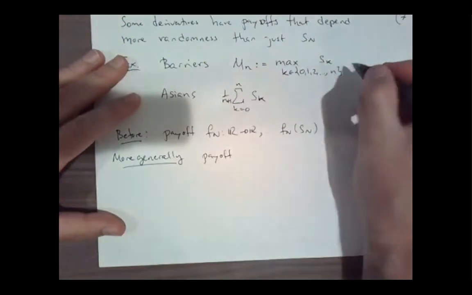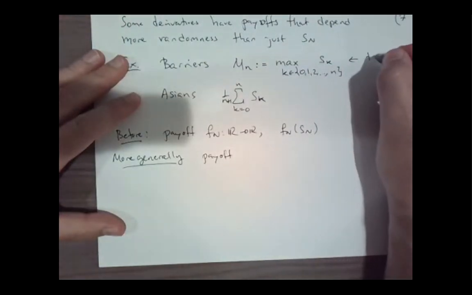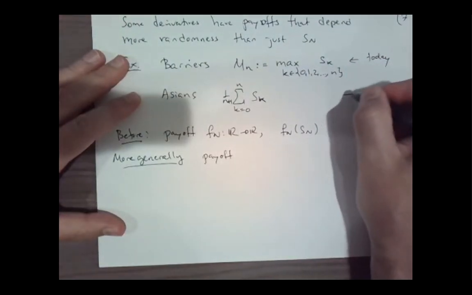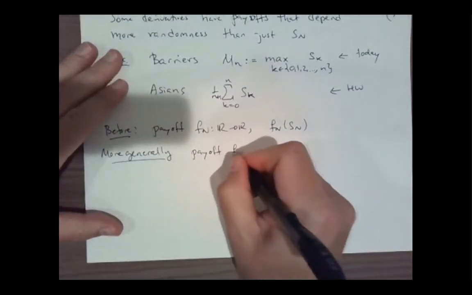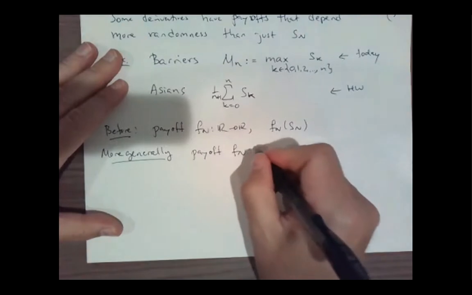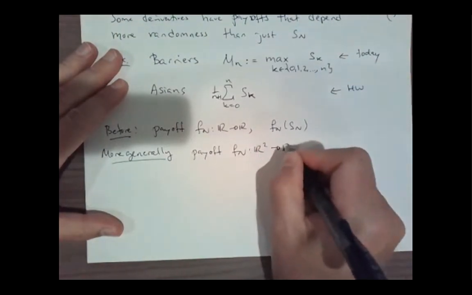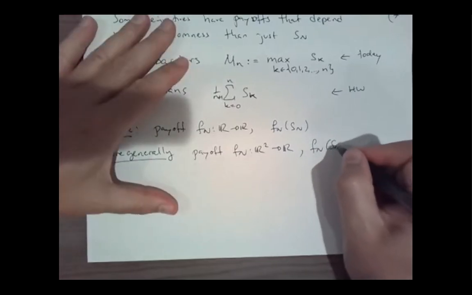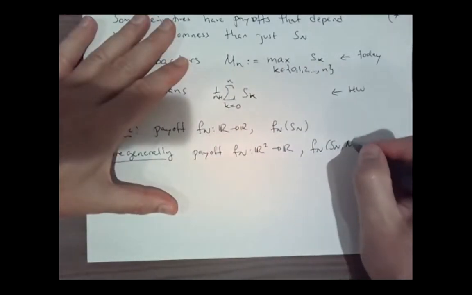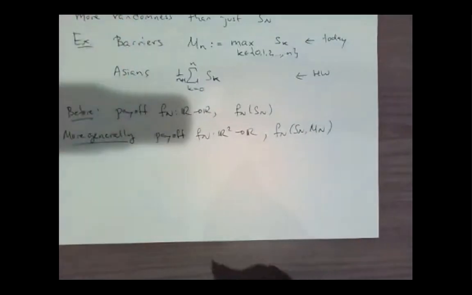I'm going to be focusing today on this, and the other is in the homework. So we'll have a payoff, but now two-dimensional, going from R squared into R, of the form Fn of Sn and then I'll have my M in here. So now there will be two quantities in there.